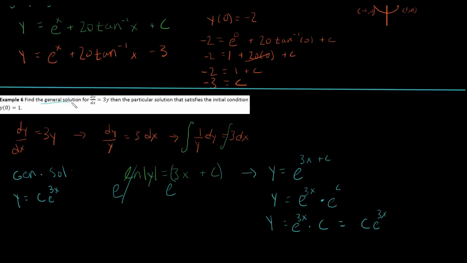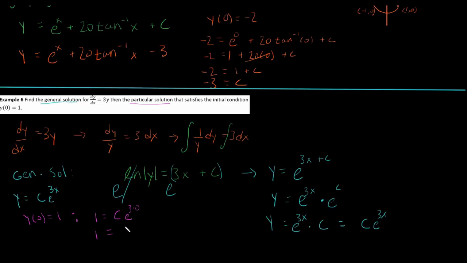So let's do the particular solution now. We did general in blue, and we'll finish out with the particular in pink. We know y of 0 is equal to 1. That means 1 is y and 0 is x. So 1 is equal to c e to the 3 times 0. 3 times 0 is 0. e to the 0 is 1.